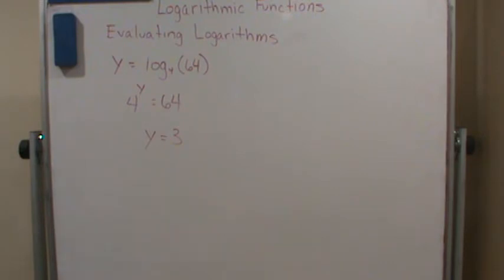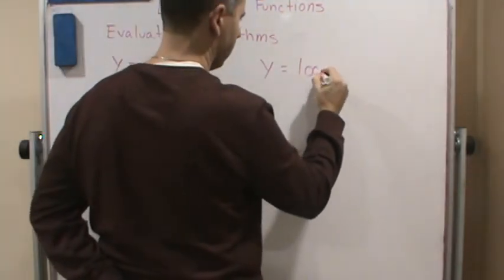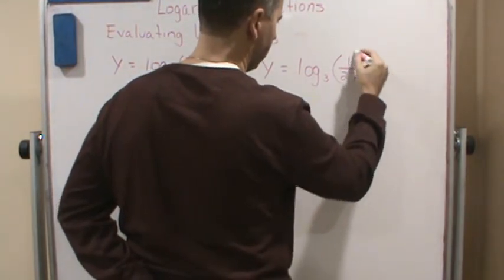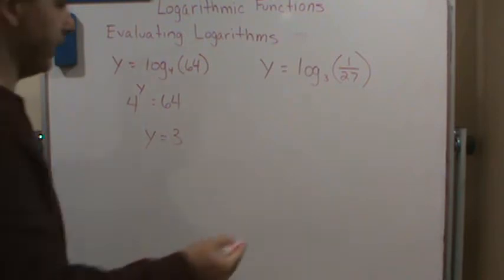And what else could I do? Here, log base 3 of 1 over 27. Now I want to know what y is. So again, I'm going to write it in exponential form.